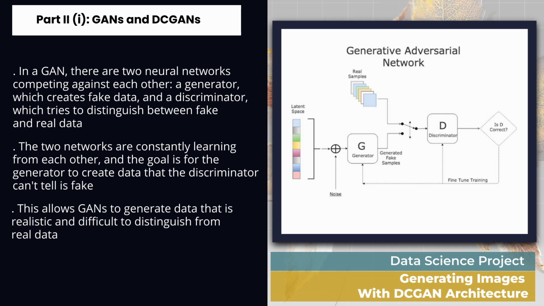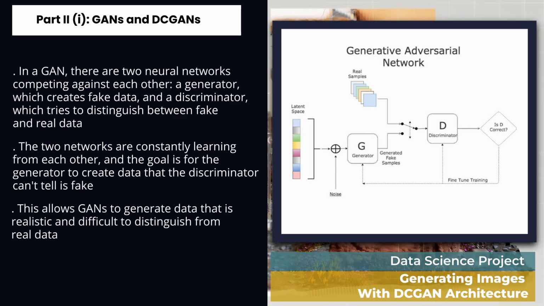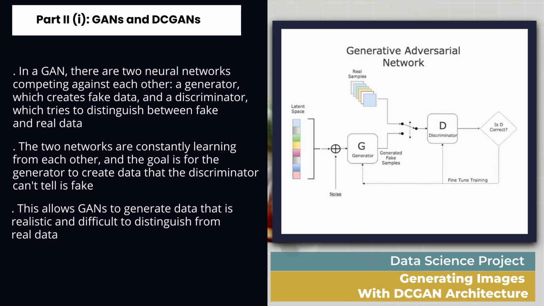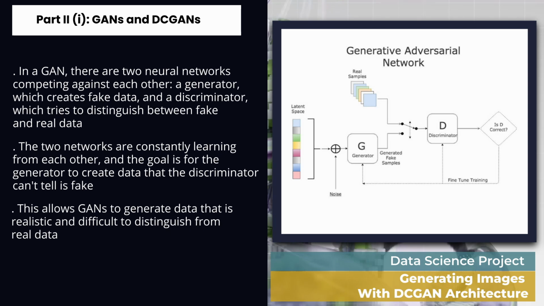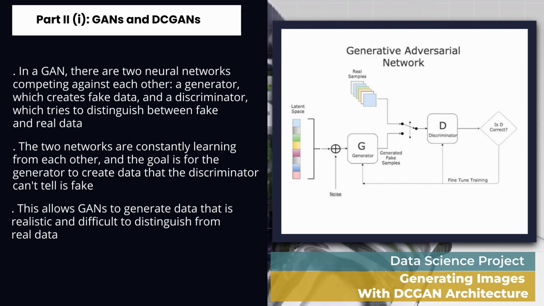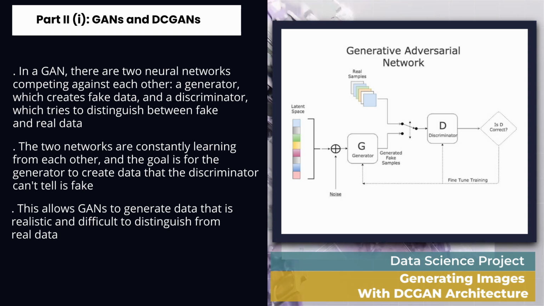On the right hand side, we see a block diagram of the architecture of the generative adversarial network. We can see that there are two blocks, one is the generator and one is the discriminator. The generator is getting a latent space and is also getting a summation of the noise that is being given into the generator to generate fake images.